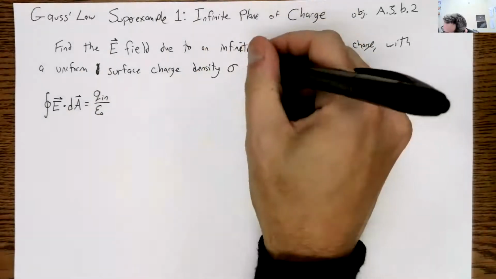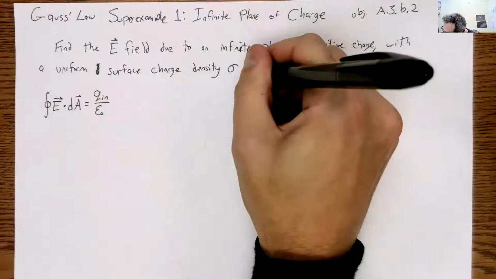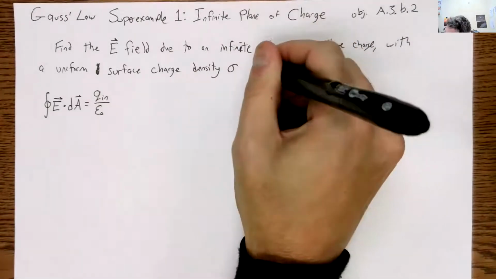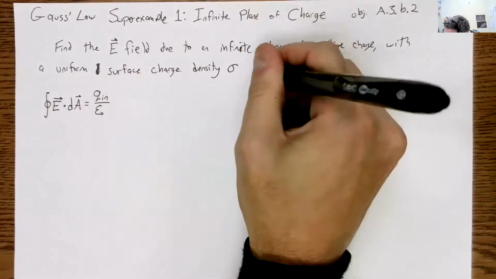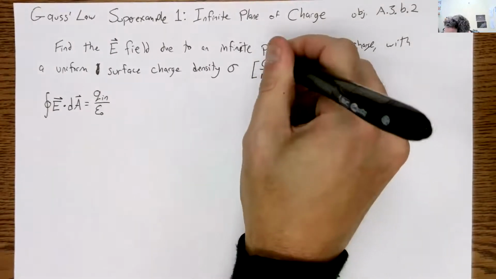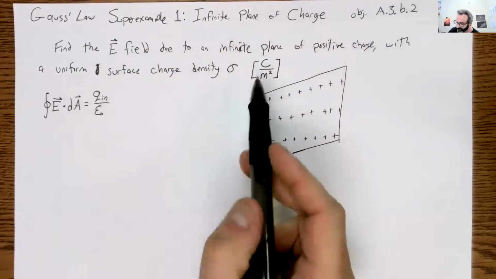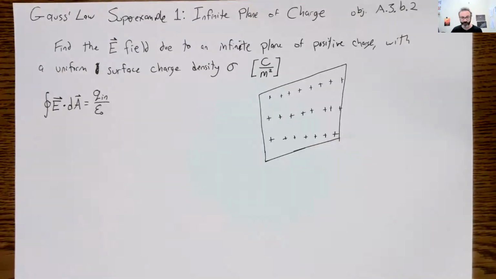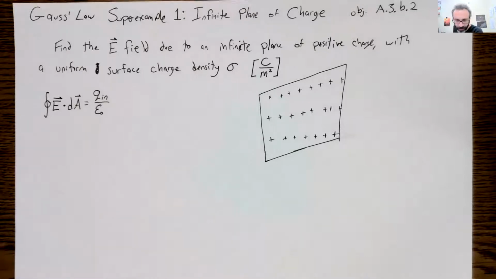So what's the unit for charge? Coulombs. And the unit for area, like we said, is meters squared. So the units for sigma, charge density, is just coulombs per meter squared. So how many coulombs are in one square meter of this infinite plane? All right, are we pretty clear on what we mean by surface charge density? How many coulombs per square meter are on our plane?